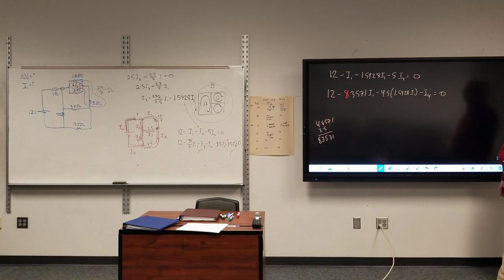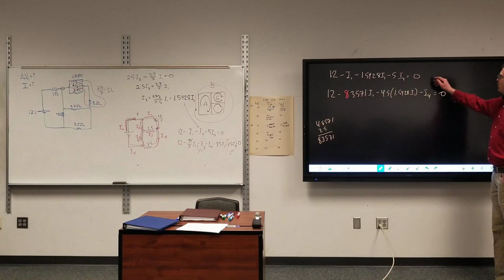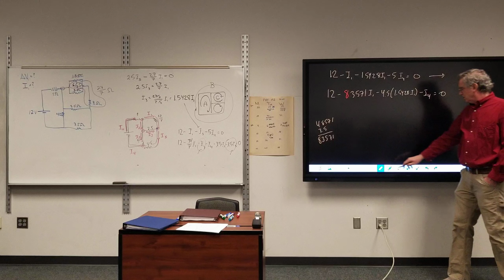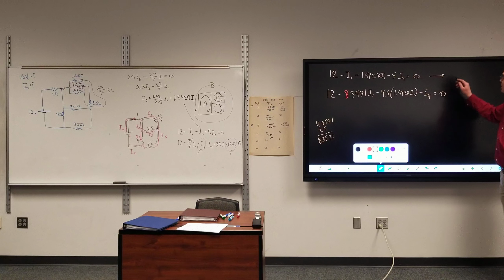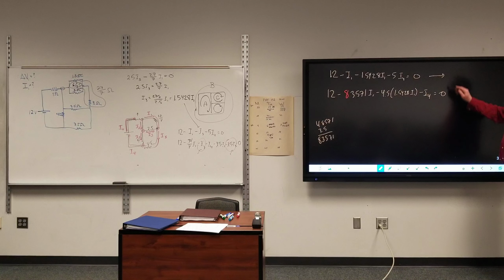Let's simplify it one more time. So this equation here, I got 12 minus 2.5428 I1 minus 5 I4 equals 0.